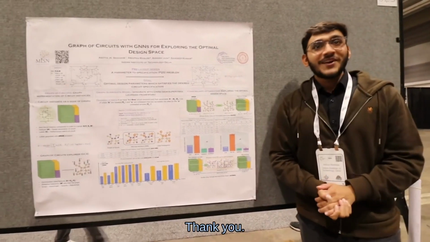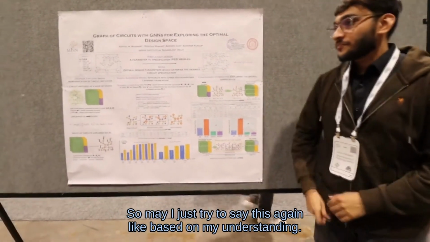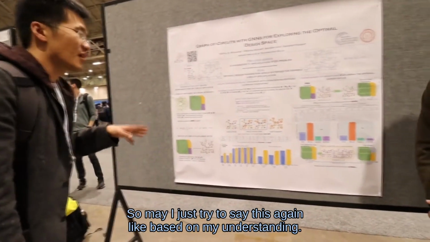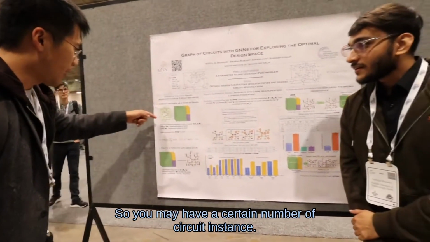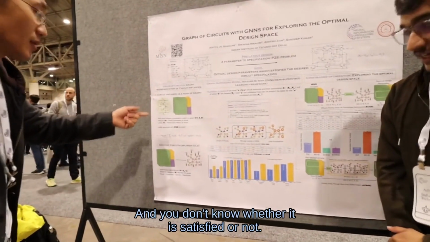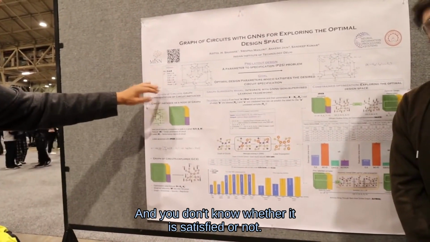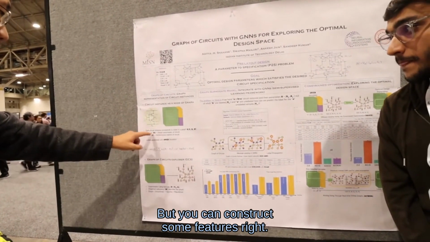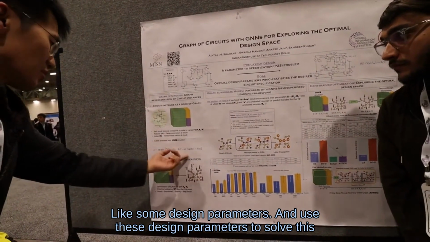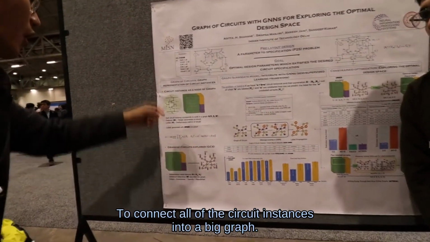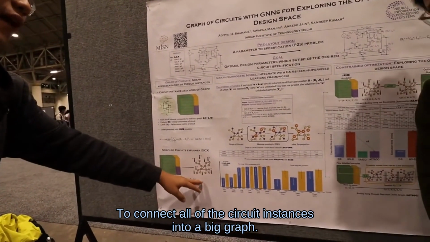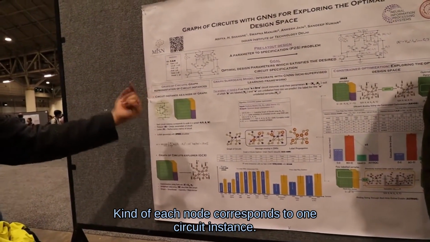Very cool. Yeah, thank you. So may I just try to say this again, based on my understanding? You may have a certain number of circuit instances, and you don't know whether it satisfies this problem or not. But you can construct some features, like some design parameters, and use these design parameters to connect all of the circuit instances into a big graph, where each node corresponds to one circuit instance.